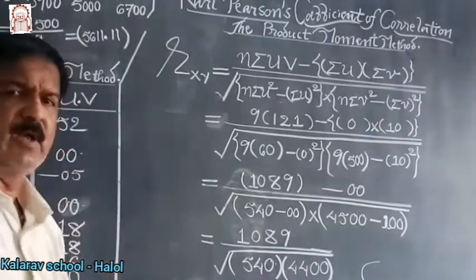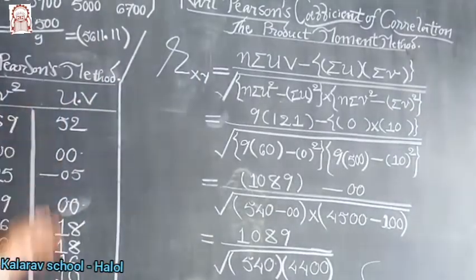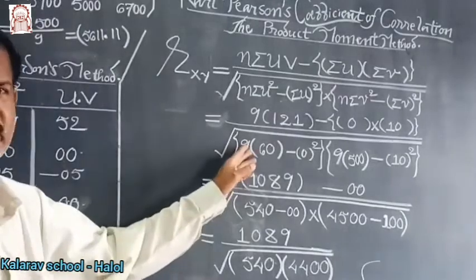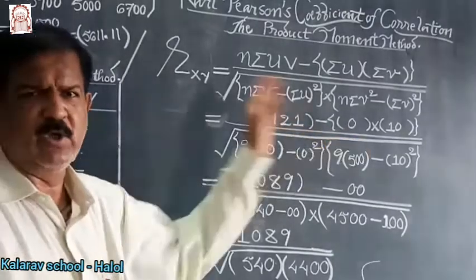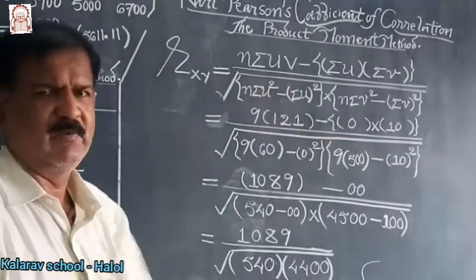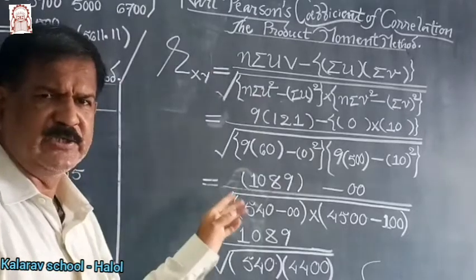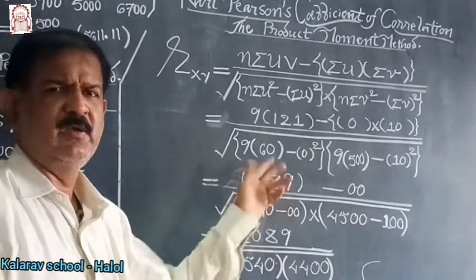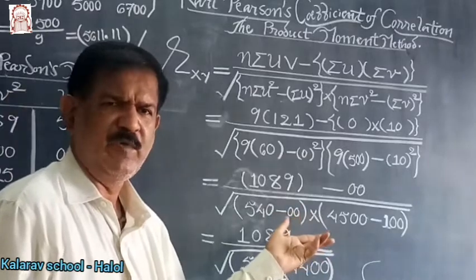Now substitute the values. Sigma uv total is 121, therefore 9 into 121 minus 0 into 10, because total of u is 0 and total of v is 10, upon root of 9 into 60 minus 0 square, into another bracket 9 into 500 minus 10 whole square.